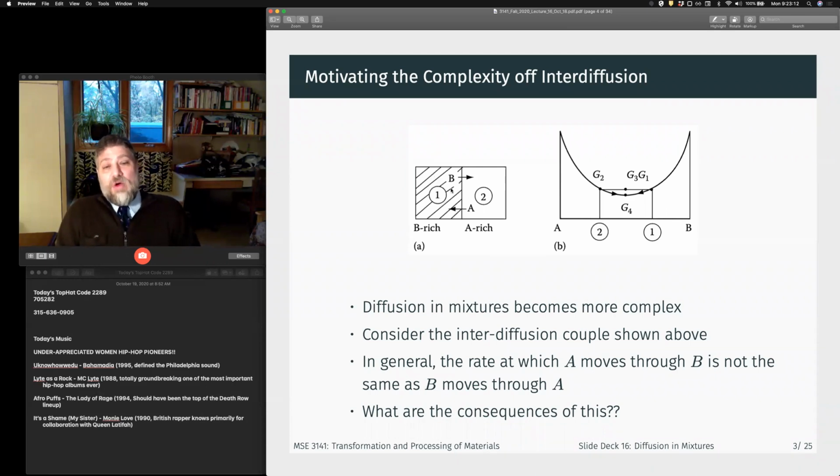But anyway, once we have a couple like this, and we have the interdiffusion of two different species, where the dilute limit doesn't hold anymore, things become a little bit more complex. And there's some theoretical wrinkles in here. And it also means that the analysis gets really complicated, right? So the quantitative analysis becomes really difficult.